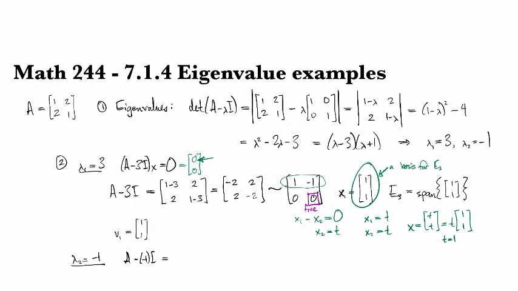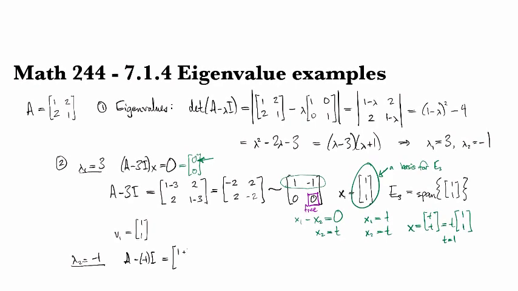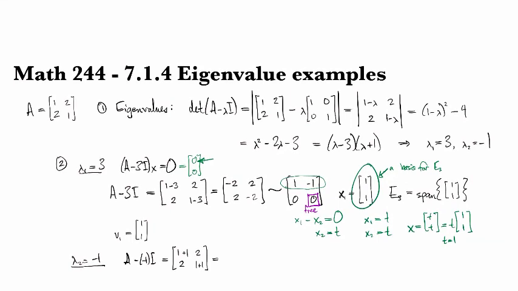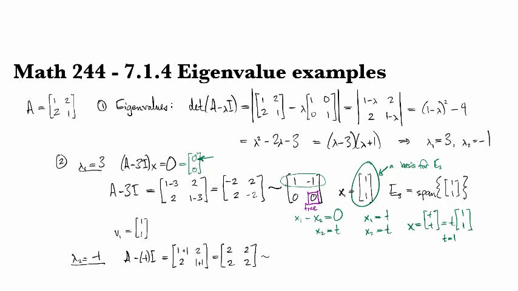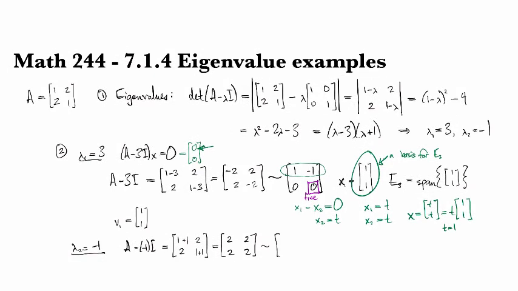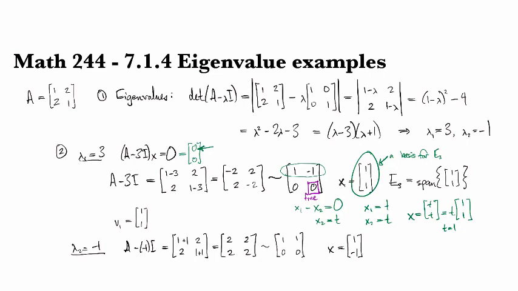So now it looks like the matrix [[2, 2], [2, 2]], which immediately row reduces to [[1, 1], [0, 0]]. And so my corresponding eigenvector is going to be (1, -1), or (-1, 1), whichever, doesn't matter. A scalar multiple of an eigenvector is always an eigenvector, so it doesn't matter where you put it.